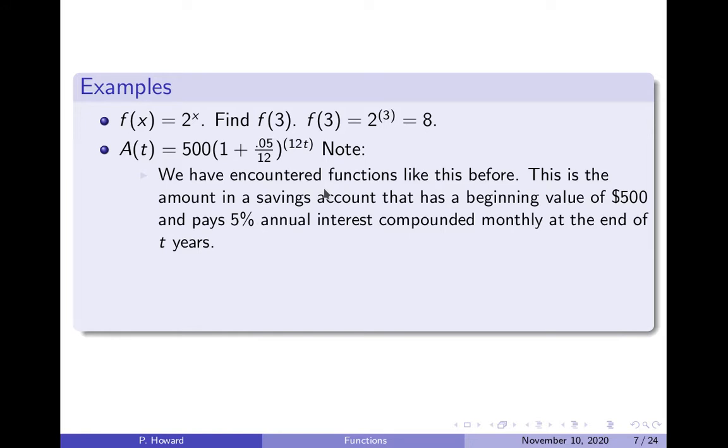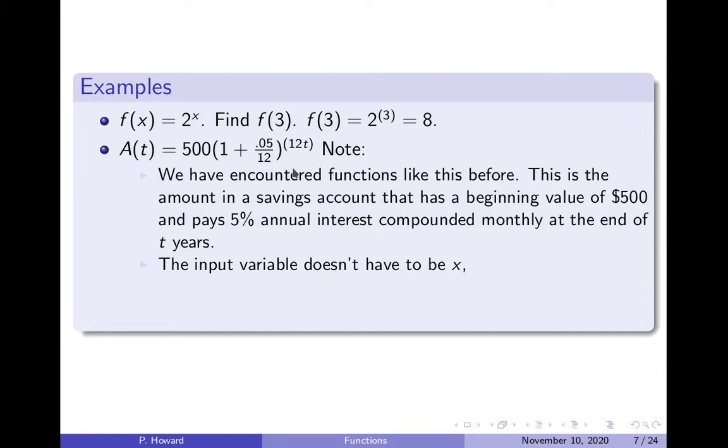This would be the amount in a savings account that had an initial value of 500 and paid 5% interest compounded monthly at the end of t years. One other thing to note is that the input variable doesn't have to be x, and the name of the function doesn't have to be f. Here the input variable is t, and the name of the function is capital A.